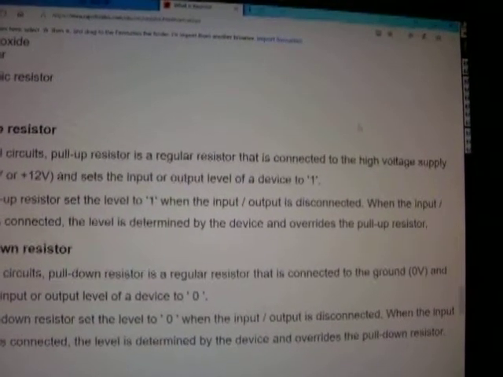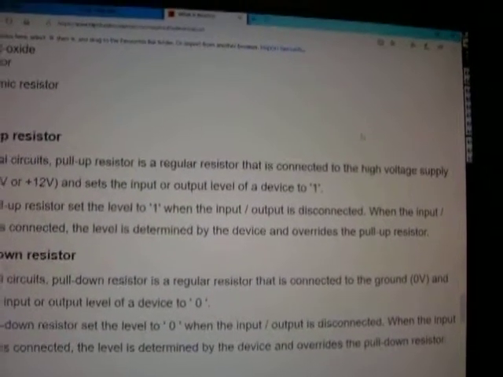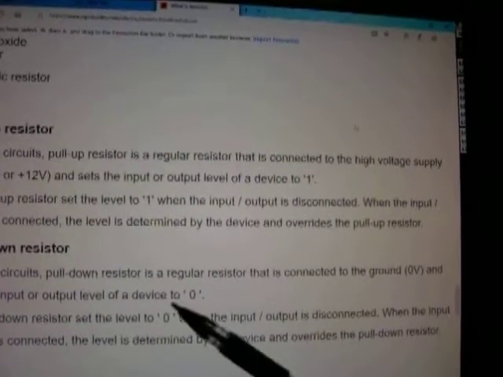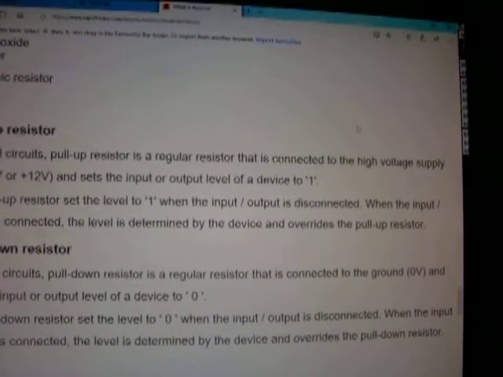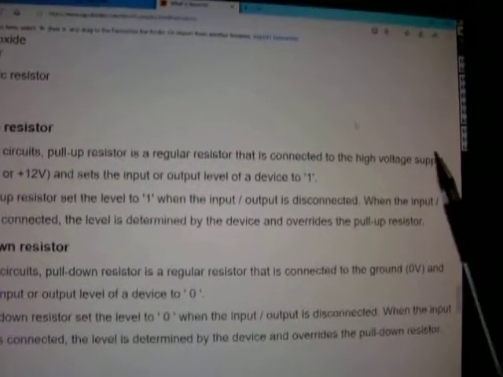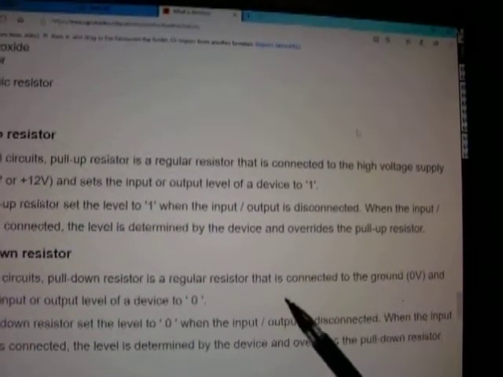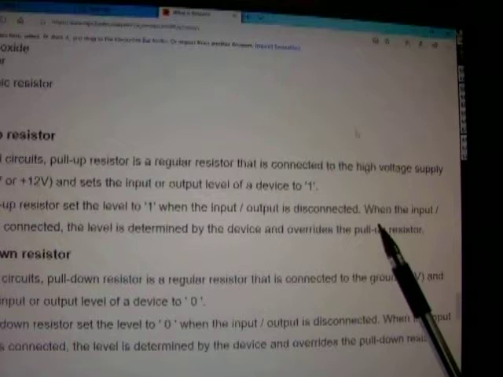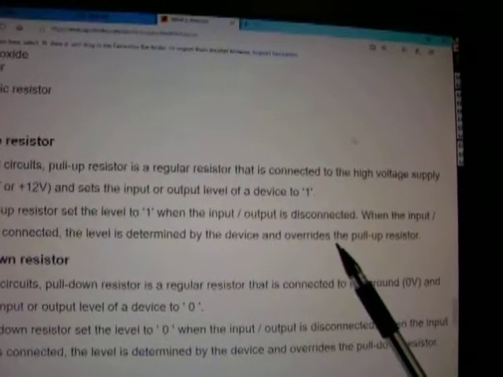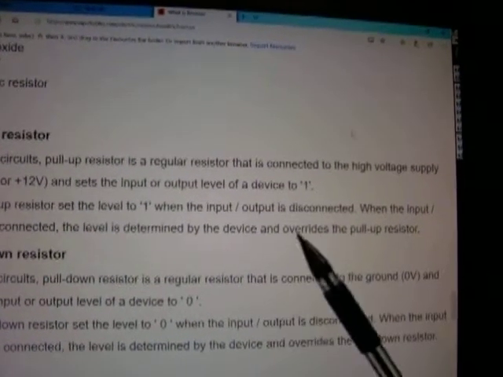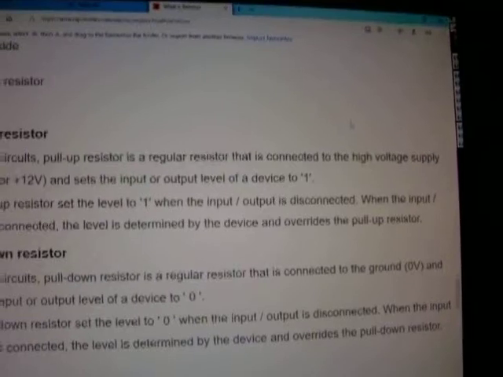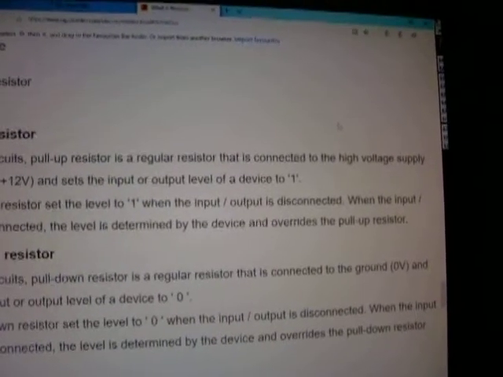The pull-up resistor sets the level to 1 when the input-output is disconnected. When the input-output is connected, the level is determined by the device and overrides the pull-up resistor. So it just sets it at a level of 1, whether it's plugged in or unplugged, assuming a status for when it's ready to be plugged back in again.